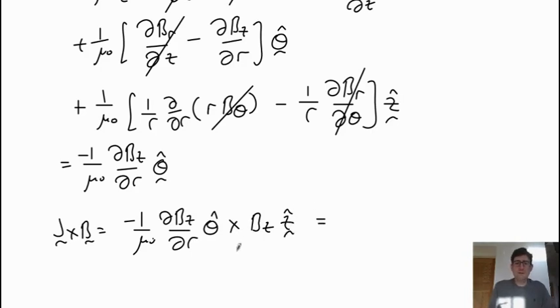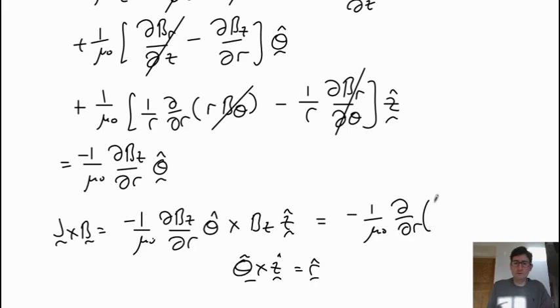Theta cross Z is R; these are all unit vectors. We can then do the same thing as in the last video, bringing this B in here to become B squared. And so this becomes minus d by dr of Bz squared over 2, in the radial direction.